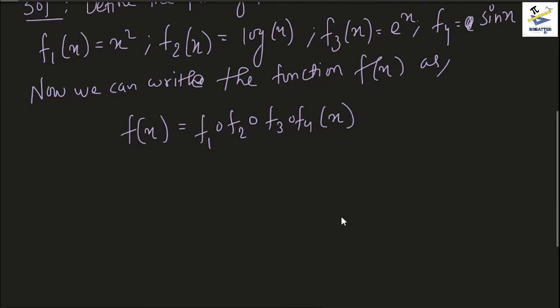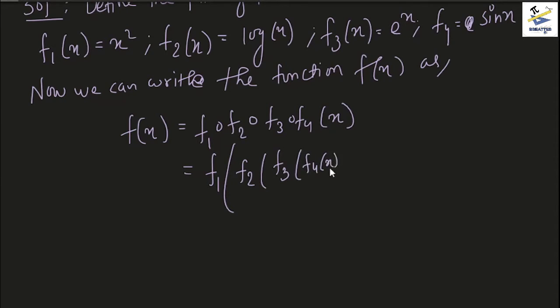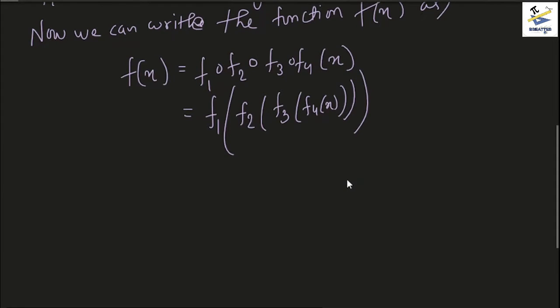Okay, so if I were to write it in functional form, it would be something like this: f1 of f2 of f3 of f4 x, closing f3, closing f2, closing f1. So this would mean the actual function. Now, we need to deal with certain functions, because when we differentiate f dash x using the chain rule, these things come.